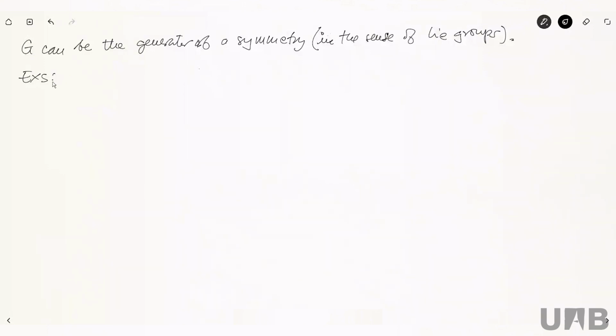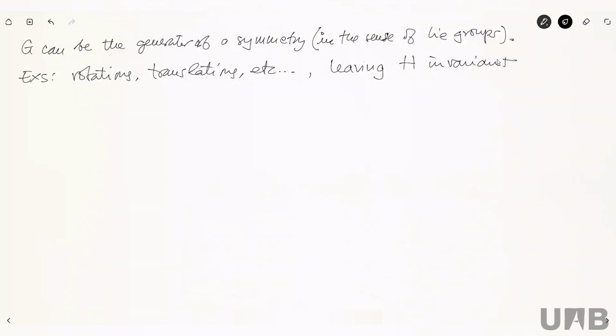Examples: rotations, translations, etc. Depending on the problem, you may have other symmetries, leaving the Hamiltonian invariant. So now we have the generator of a symmetry, and it's a symmetry because it leaves the Hamiltonian invariant.